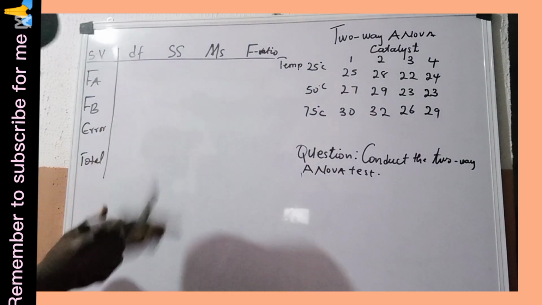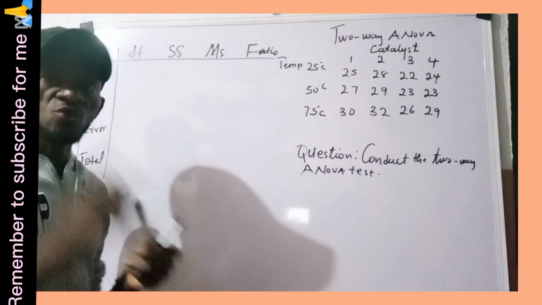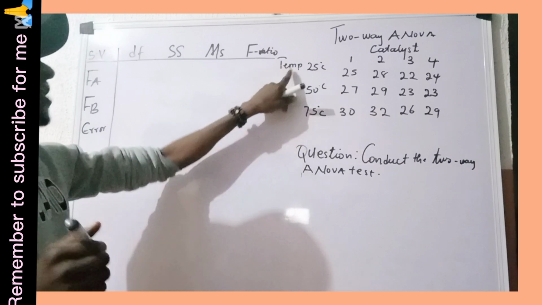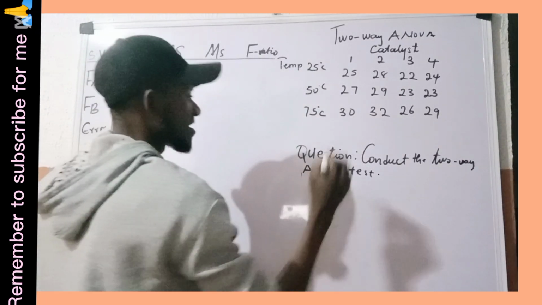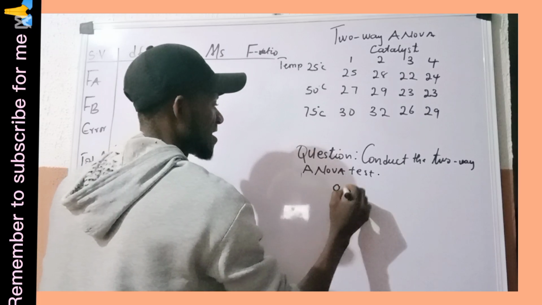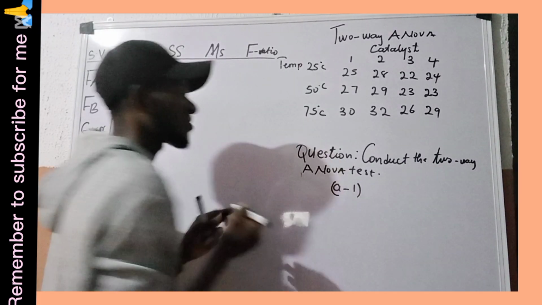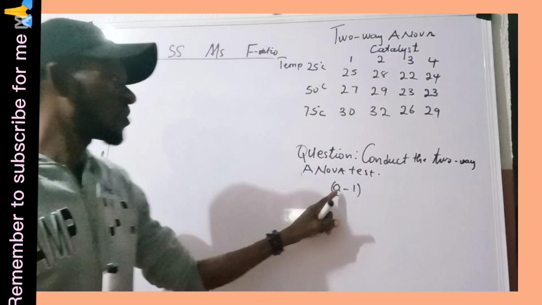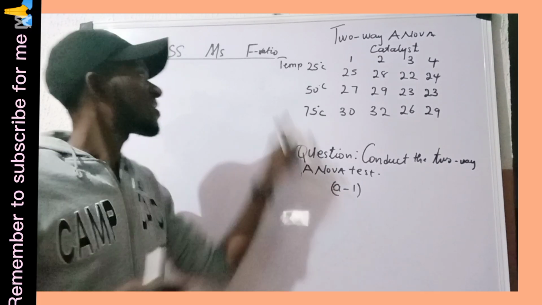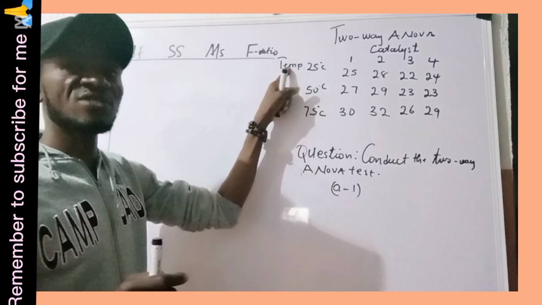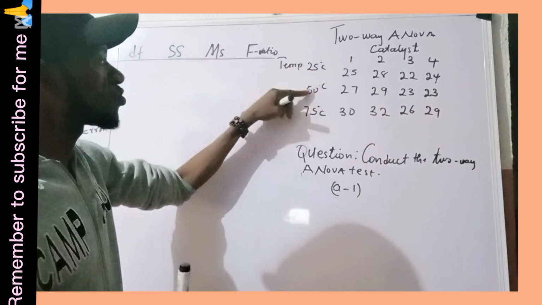Then we come over to degrees of freedom. To determine the degrees of freedom for factor A, as we said in our class yesterday, we use the formula A minus 1. What we mean by A is the number of levels of factor A. Here our factor A is temperature. Let us count the levels: 1, 2, 3.